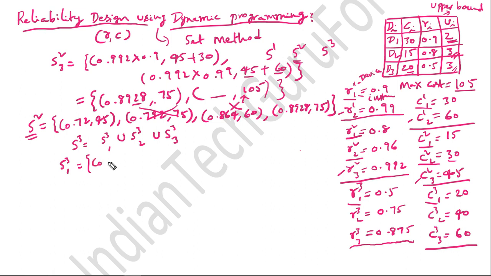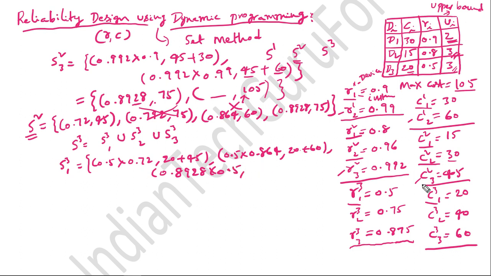That is 0.5 into 0.72 comma cost is 20, 20 plus 45, comma this one 0.5 into 0.864 comma cost is 20 plus 60, comma 0.8928 into 0.5 comma cost is 20 plus 75.